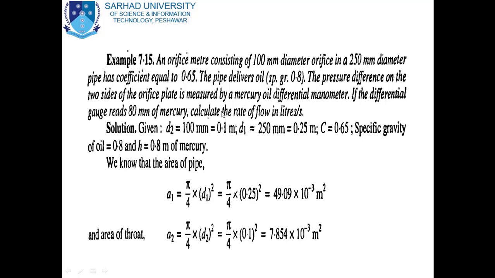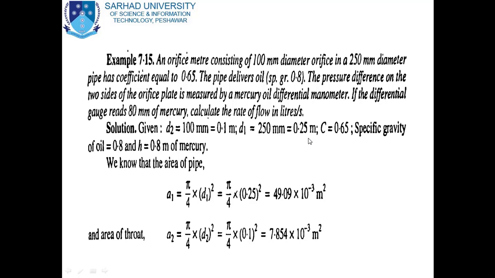So in the solution, first of all we will write the given data. In the given data we have D2, which is equal to 100 mm, which is equal to 0.1 meter, the diameter of the orifice or the throat. D1 is equal to 250 mm, which is equal to 0.25 m, and this is the diameter of the pipe. C is the coefficient of the orifice meter, which is equal to 0.65.